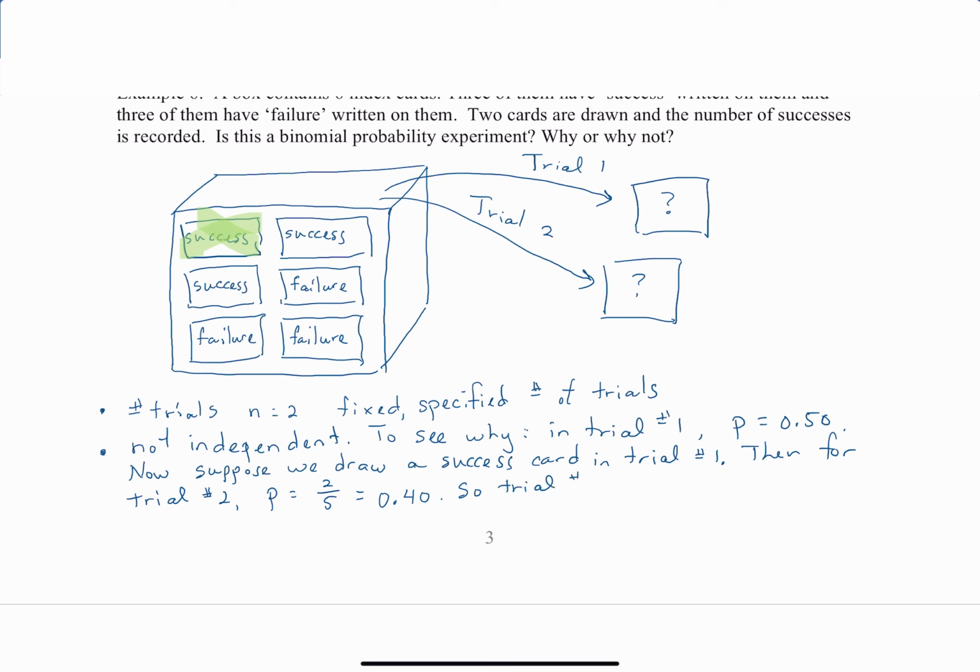So trial number 1 affected outcome number 2 by changing its probability. So thus, this is not a binomial probability experiment.